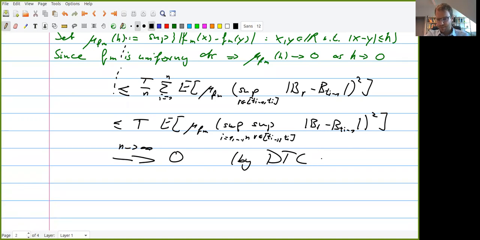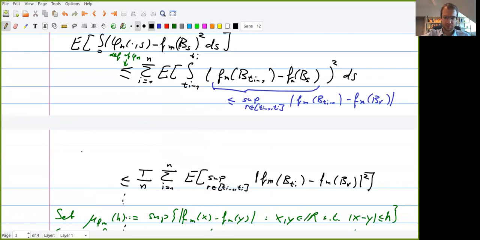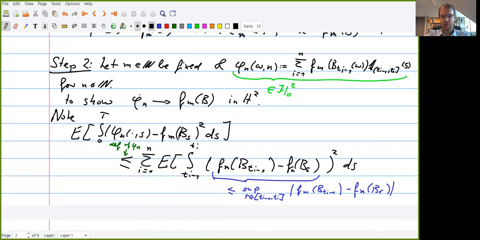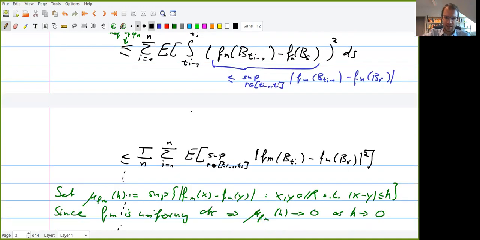Plus, okay, plus continuity, B is continuous. Cool. So we know that our simple functions phi_n go in H2 to the function f_m applied to the Brownian motion.